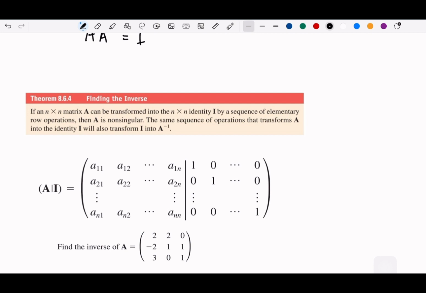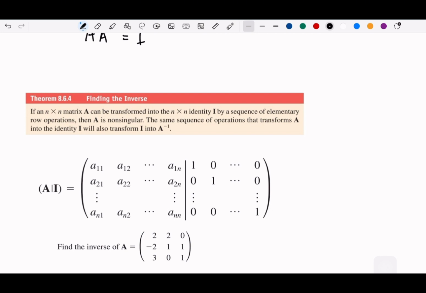So when we make the left into identity, the right side is the inverse. You get my idea? We take the left part as our matrix, this is the identity. We want to make the left part 1, 1, 1, 1, and whatever happens on the right side will be the inverse.